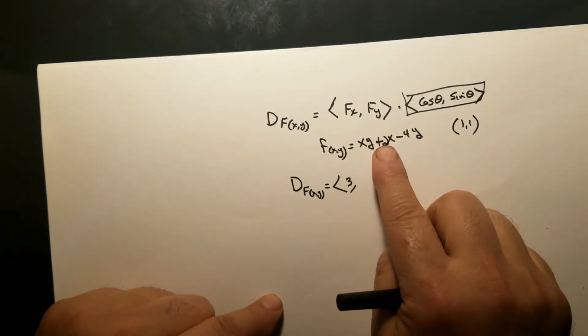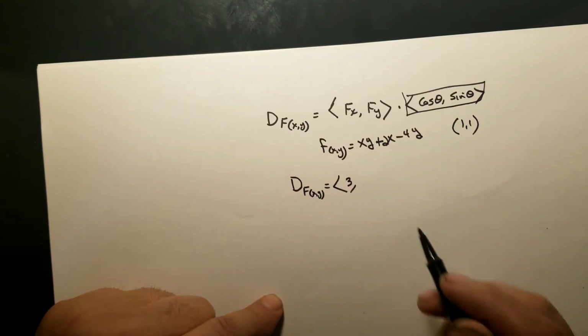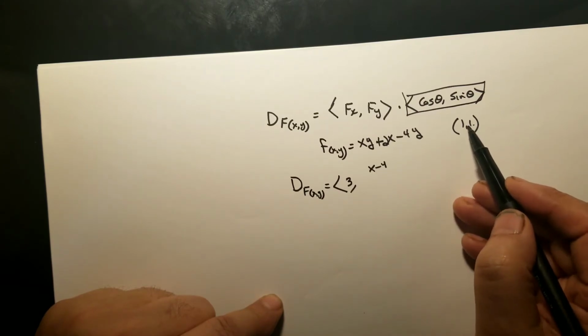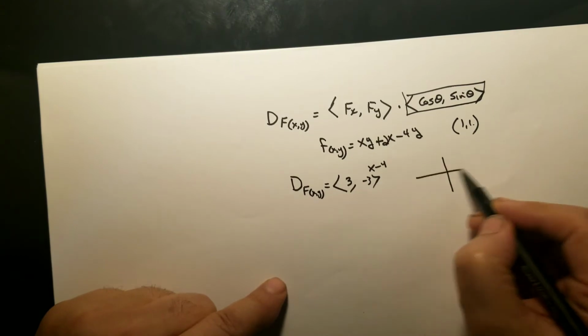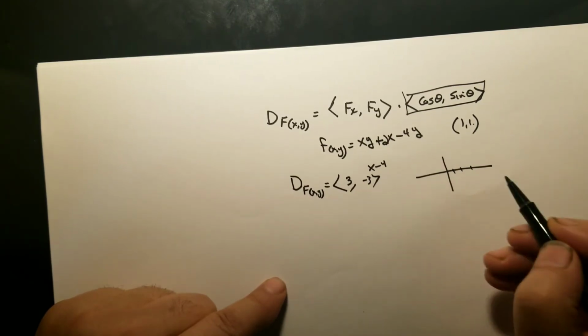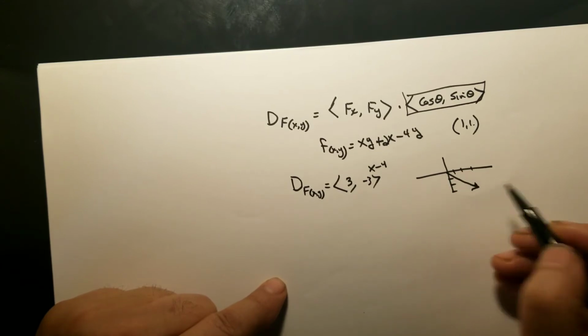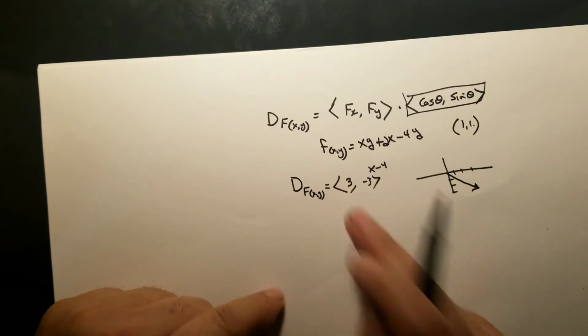And what happens if I take the partial derivative with respect to y? It is x minus 4. The x is 1, 1 minus 4 is negative 3. So that's your 3 and that's your negative 3. Ooh, in that direction. What is the magnitude of that vector?